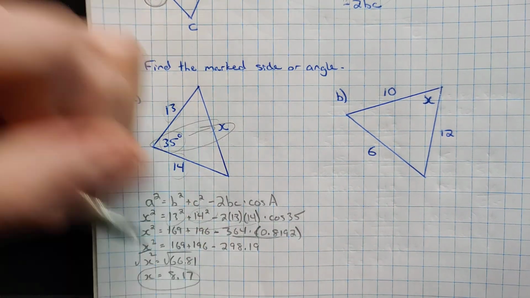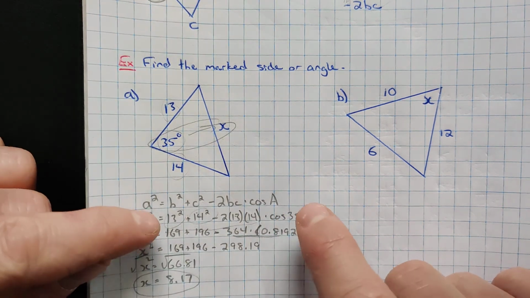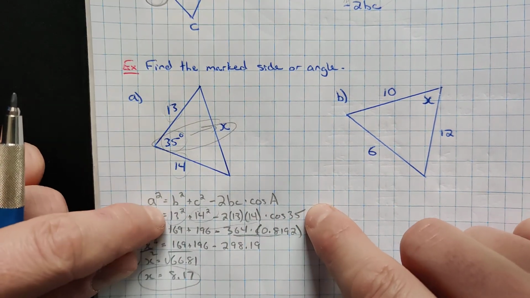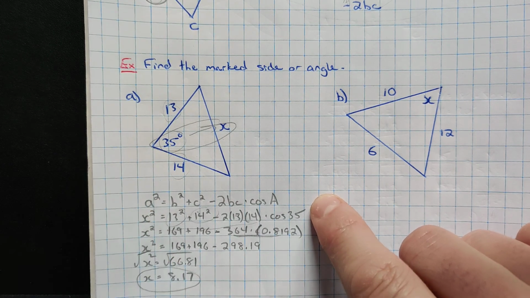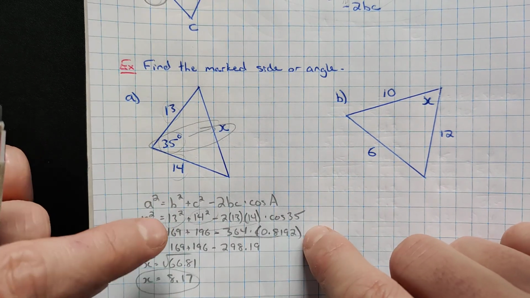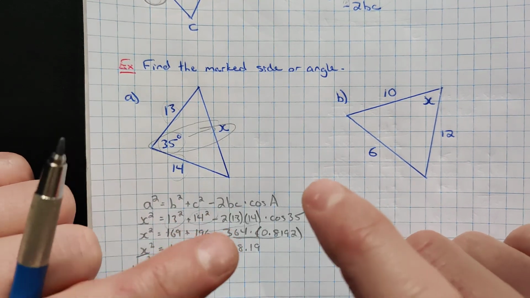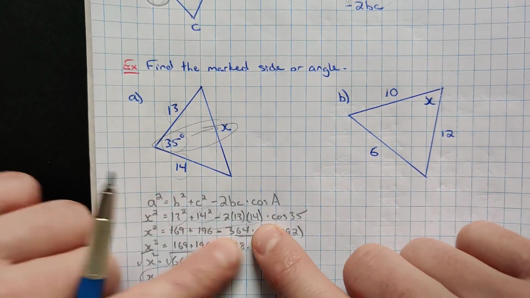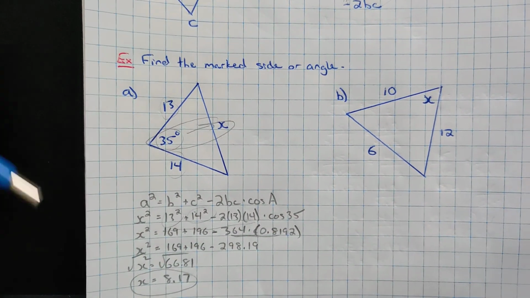So there is my missing side of x. So it's just a matter of, again, if you have a good scientific calculator, you type that in correctly like that, and you can get your 66 right away. Otherwise, when you're going step by step, make sure you follow order of operations. Don't do this subtraction here before you've got that multiplication done.